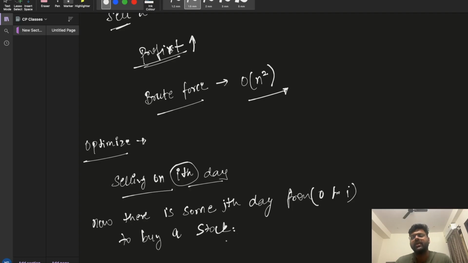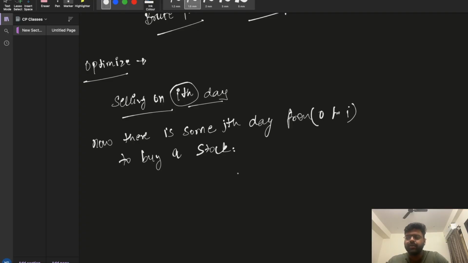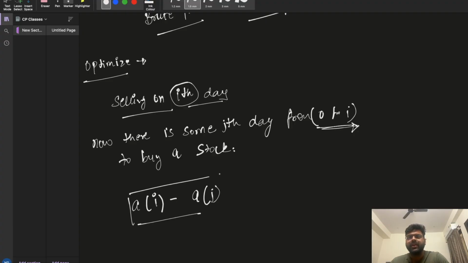Yes or no? If I'm selling a stock on some ith day, then I would have bought the stock on some jth day between 0 and i. Then only can I say that my profit would be a[i] minus a[j]. Right? So this is what my profit would have been.